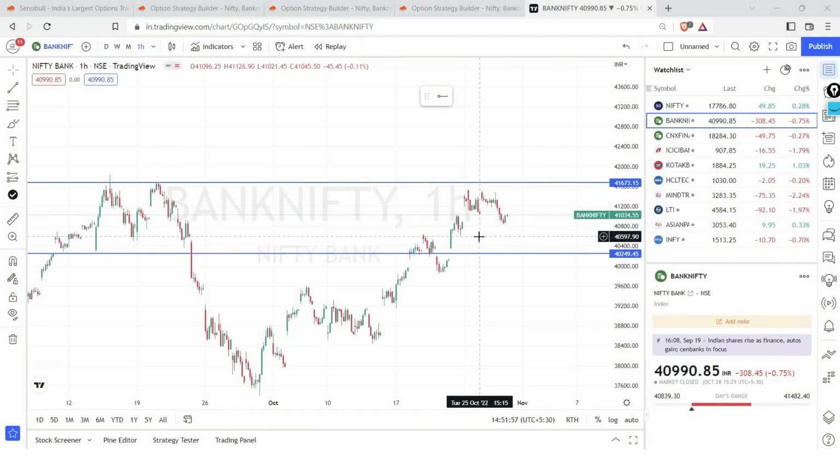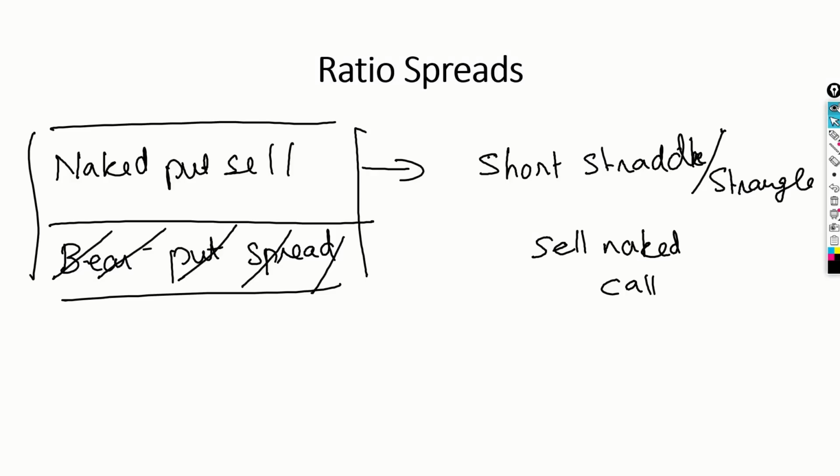Just to explain, initially we had created a ratio spread. The moment it broke 4200, we ended up selling a 41700 call, which is at the nearest resistance. Now again, there is always a chance that the markets will end up reversing and we will end up losing a lot. So what we end up doing is very simply keep the initial ratio spread which we have created as it is.